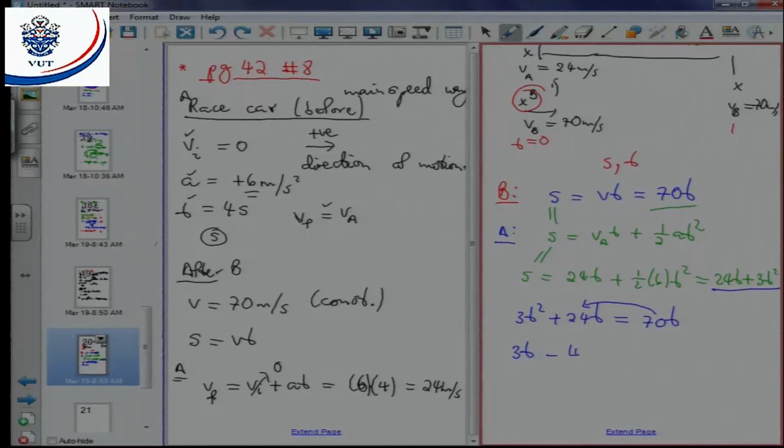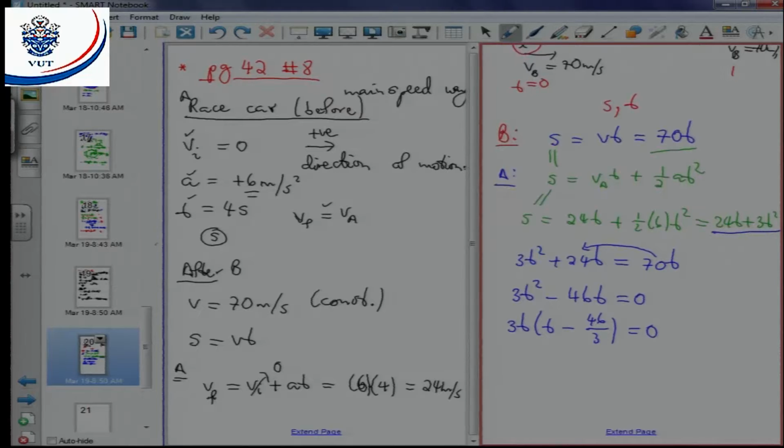So minus 46T equals 0. There's a square here, so taking out a common factor of 3T, I'm left with T minus 46 over 3 equals 0. So then we get our final solutions. There's two solutions: T equals 0 or T equals 46 over 3 seconds.